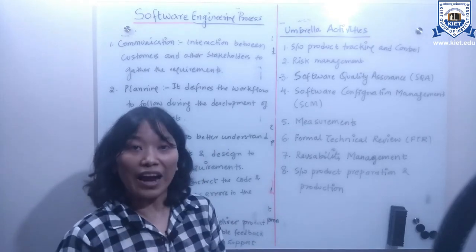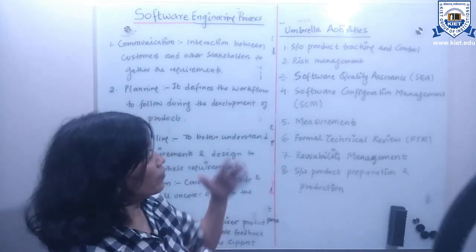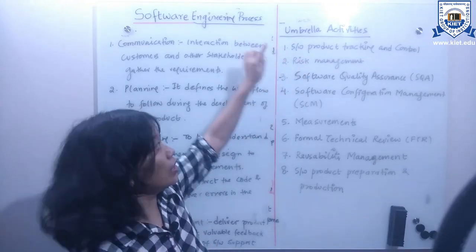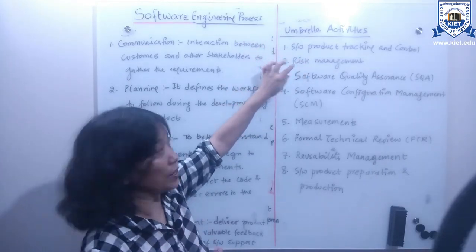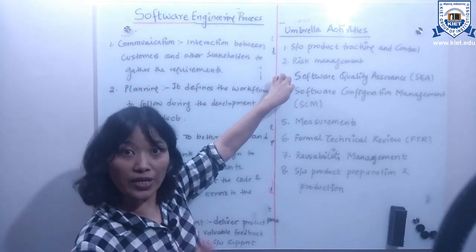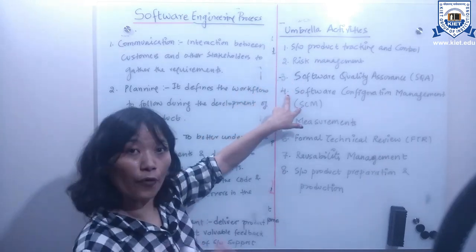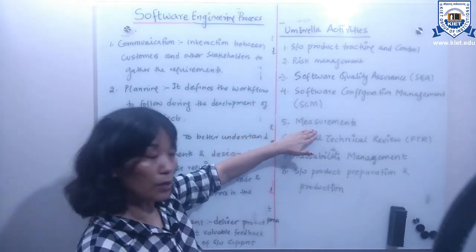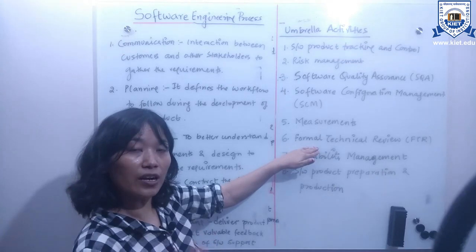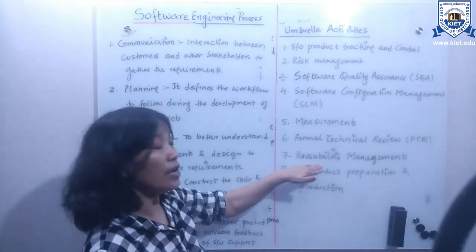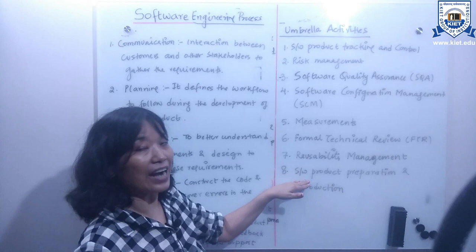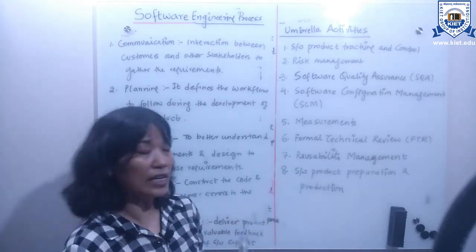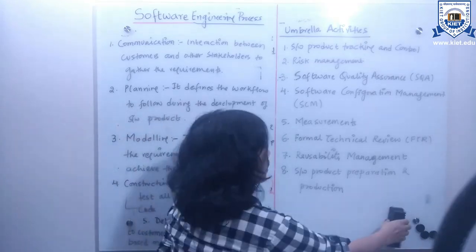The activities under umbrella activities are: the first one, software product tracking and control; the second, risk management; the third, software quality assurance; the fourth, software configuration management, in short SCM; the fifth, measurements; the sixth, formal technical reviews, in short FTR; reusability management; and software product preparation and production. So I'll explain each activity one by one.